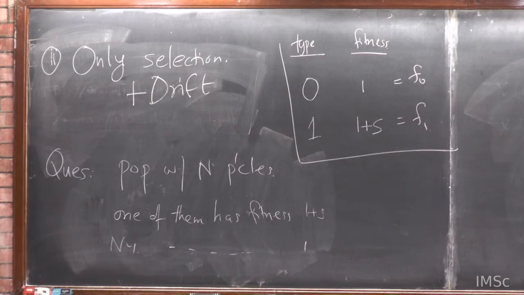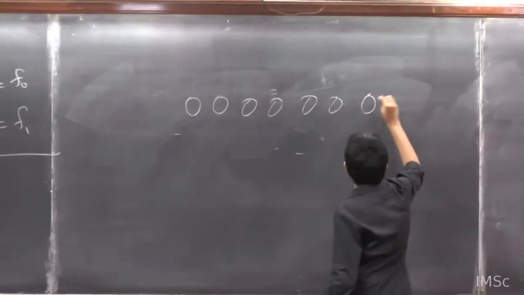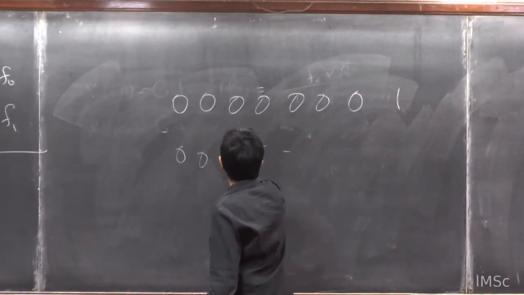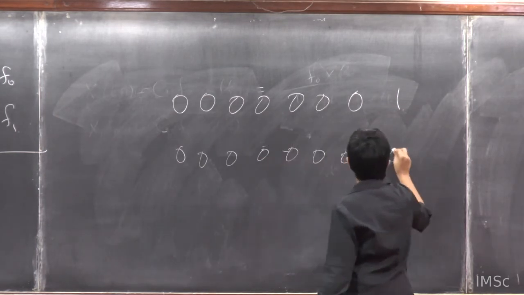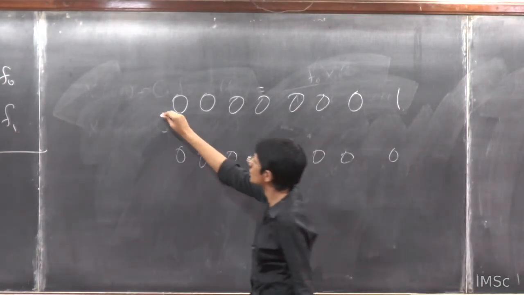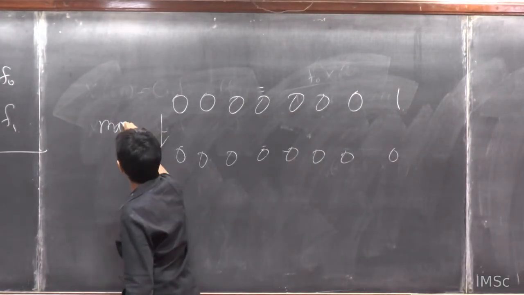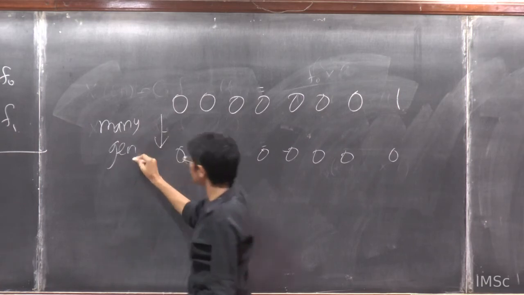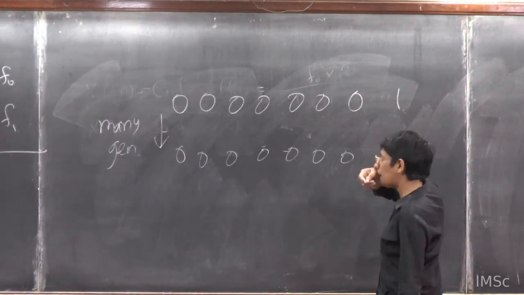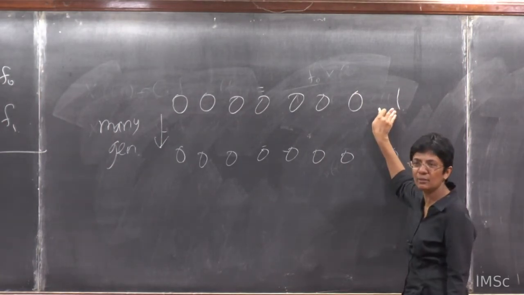Okay. Yeah, what do you think will happen? Okay, and I run a Wright-Fisher. Is this possible? At a long time, after lots of generations. Is this possible? Yes? Okay. But isn't this the fitter guy, the better one?